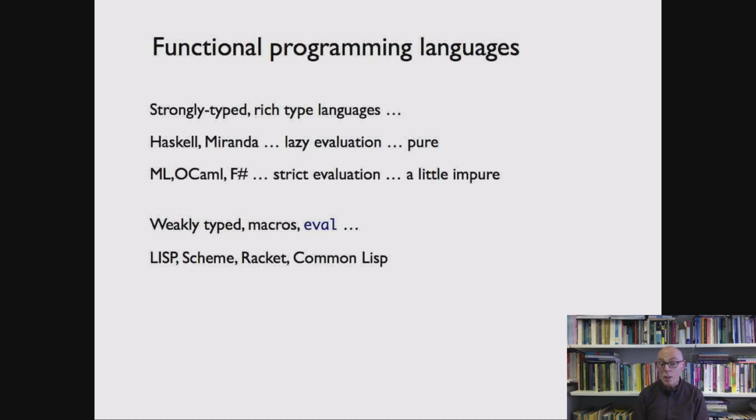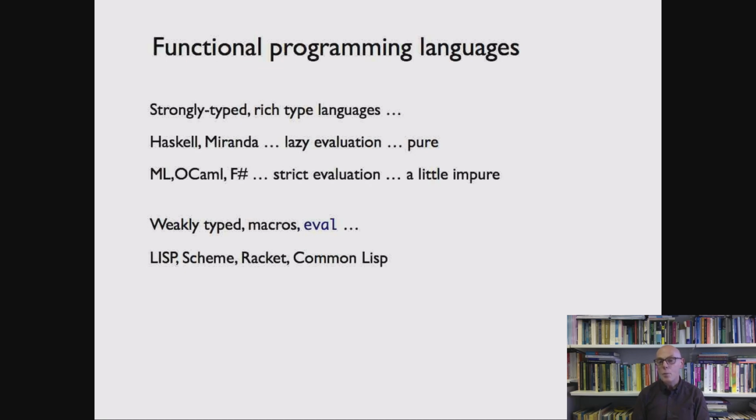But Lisp has a long history. Lisp was first invented over 50 years ago, and descendants of Lisp like Common Lisp and Scheme and Racket are in widespread use today. But at the heart of those languages is sophisticated use of macros and use of eval to make the languages very strongly reflective. So again, that differs from the sorts of things we're doing in Erlang.